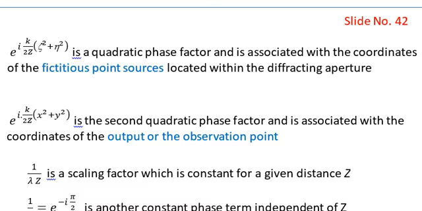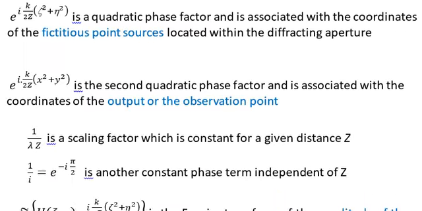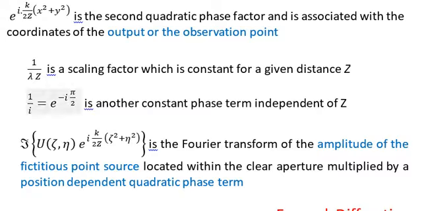Now e to the power iota k over 2z multiplied by x square plus y square is the second quadratic phase factor and is associated with the coordinates of the output or the observation point. 1 over iota lambda z is a scaling factor which is constant for a given z. 1 over iota is equal to e to the power minus iota pi by 2, another constant phase term independent of capital Z.